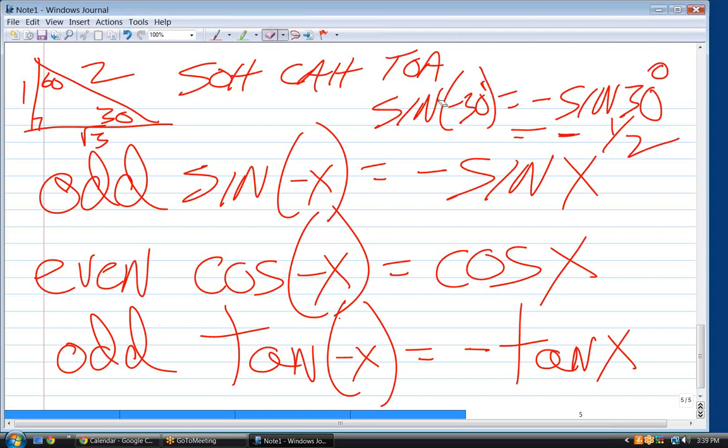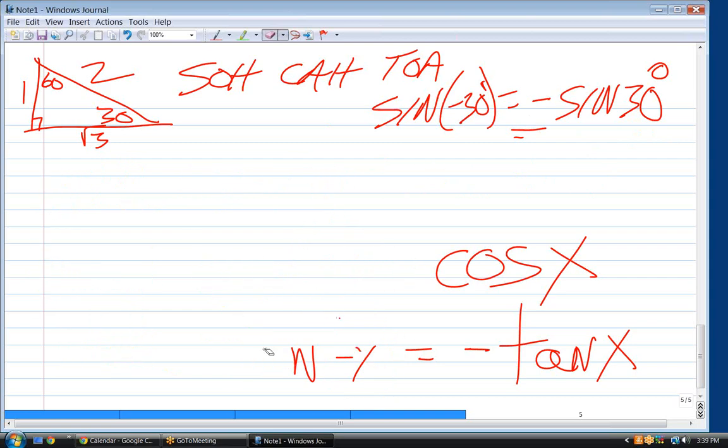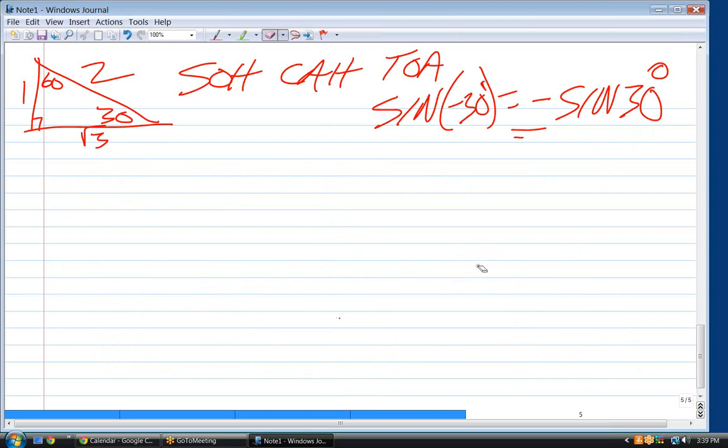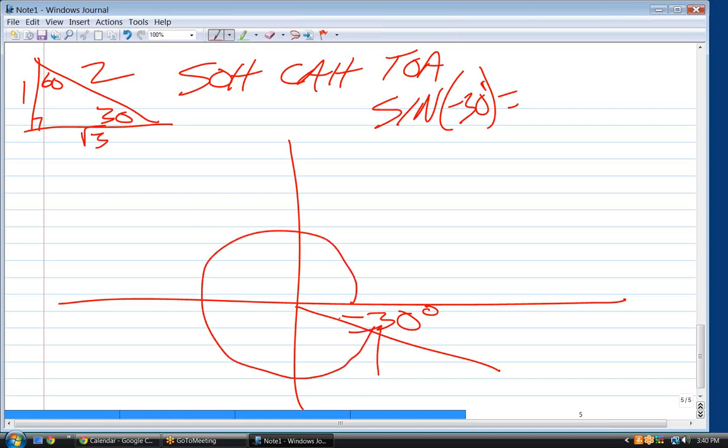Correct. Now, the other way to do that, but it's actually harder, is to convert it to a positive angle. In other words, find the coterminal angle of negative 30. Well, a negative 30 angle is the same as a positive 330 degree angle.